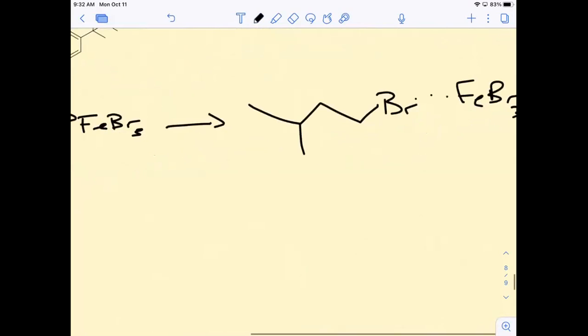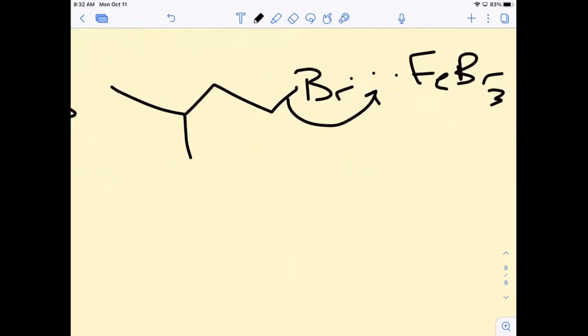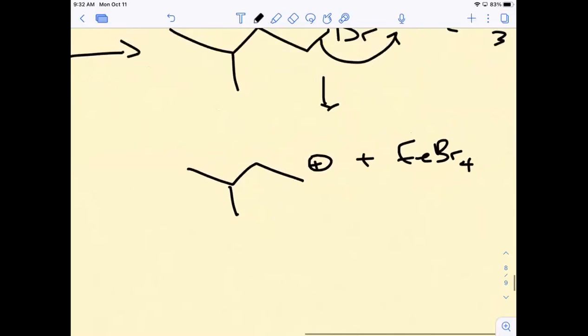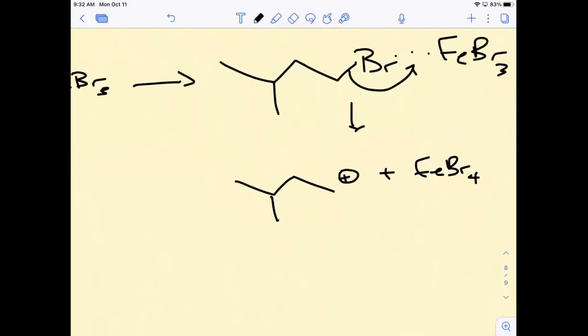So then when that happens and you lose this bromine, what are we going to end up with? And why is it problematic? What's wrong with that carbocation that we made?